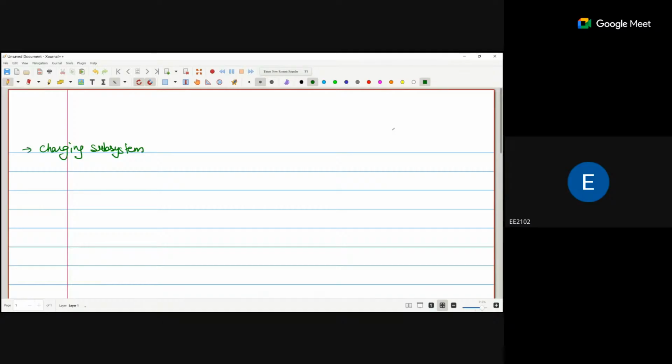Then I think after that, amplifier design, then battery charging profile, and then after that I think the battery charger. Okay. Yeah. So these particular topics will be discussed.